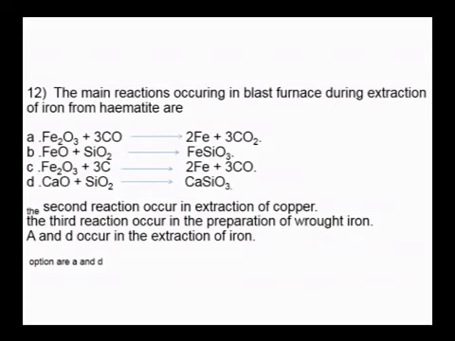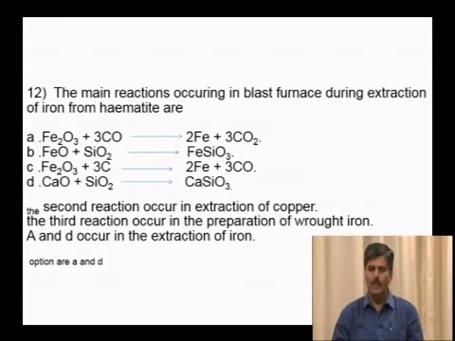The main reactions occurring in the blast furnace during the extraction of iron from hematite ore are given as the options. Option 1: Fe2O3 plus 3CO giving rise to 2Fe plus 3CO2. The second option is FeO plus SiO2 giving rise to FeSiO3.